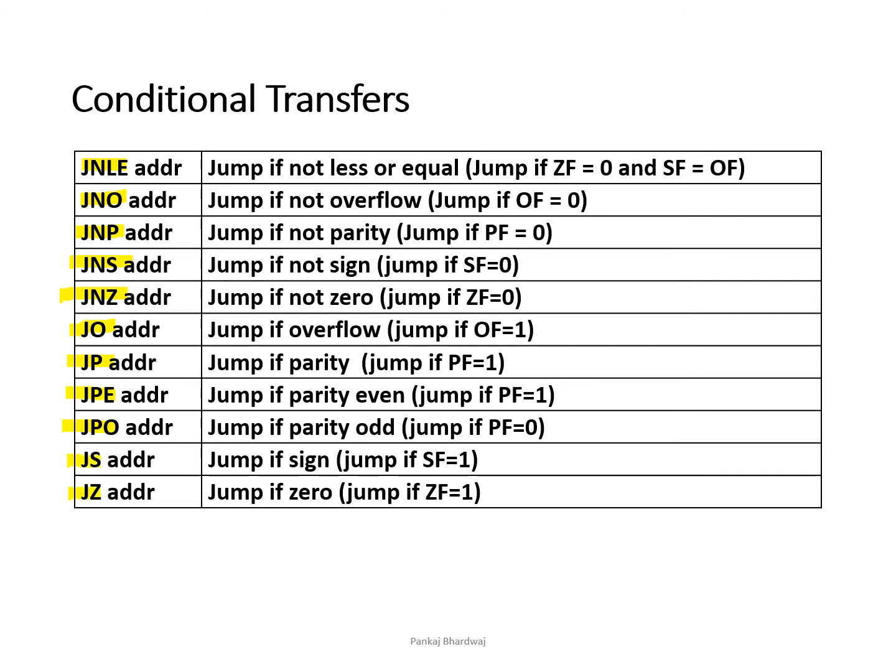We have already understood these commands, JZ and JS, JPO and JPE. Jump if parity means jump if even parity, so obviously this is the same. And JNS and JNZ are similar to the sign flag and zero flag.